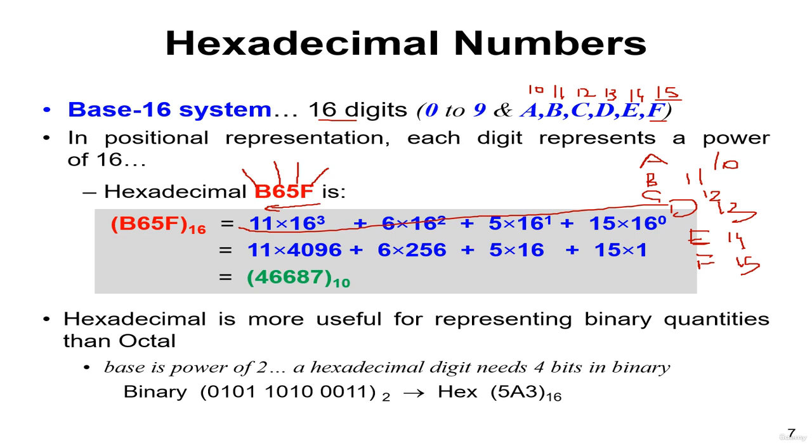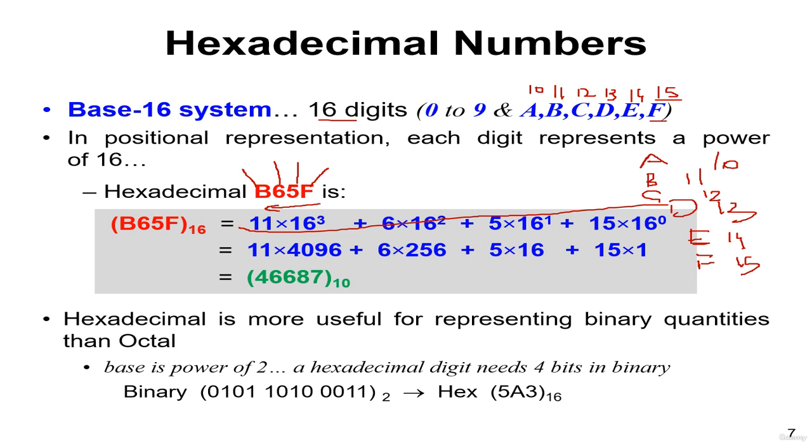So the reason is the same as that was for the octal, that it is even more useful for representing binary quantities than octal, because a single digit in the hexadecimal number system can be used to represent 4 bits in binary, right?